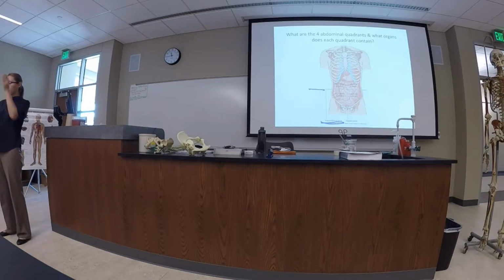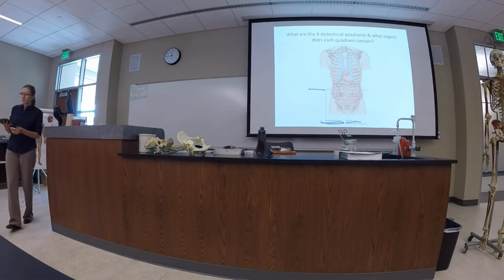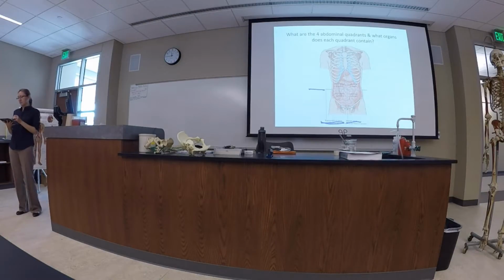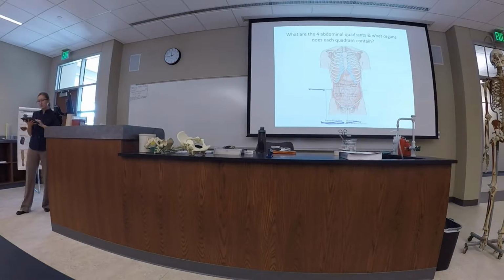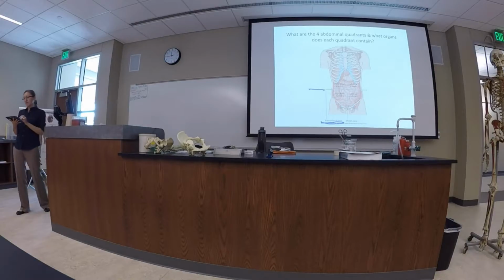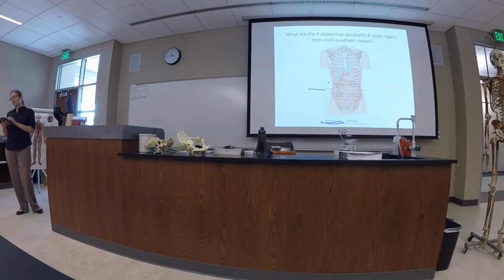The vertical dividing line is the median plane, right straight down the medial part of the body from the tip of the xiphoid process to the pubic symphysis. And so then we have the upper quadrants, lower quadrants, right, left quadrants.